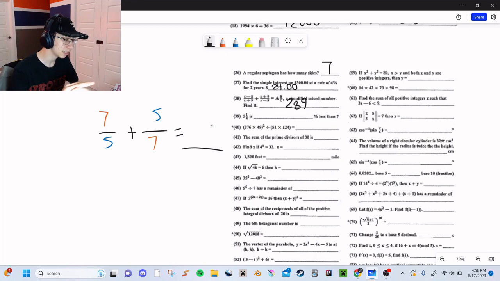You're going to take the denominators, so the 5 and the 7, you're going to get their product. 5 times 7 is 35. So for the fraction, for its denominator, we're going to put 35.